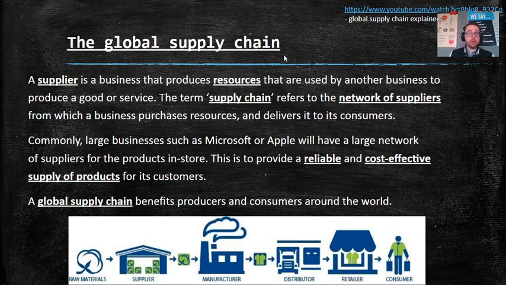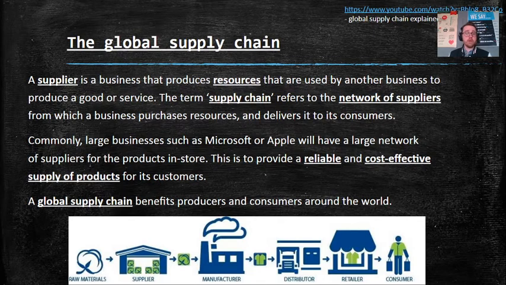So what is a supplier? Well, a supplier is a business that produces resources that are used by another business to produce a good or service. And if that's confusing, I've got a little diagram down there at the bottom. So a grocery store like Woolworths or Coles, they're not a supplier, they're a business. But where they get their carrots, their bread, their meat from, those are the suppliers.